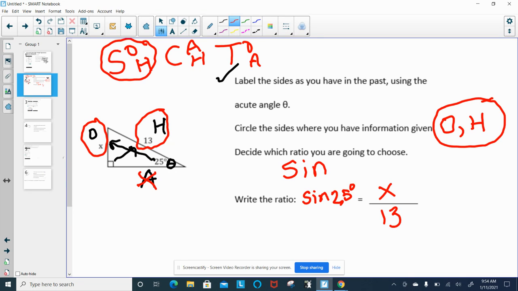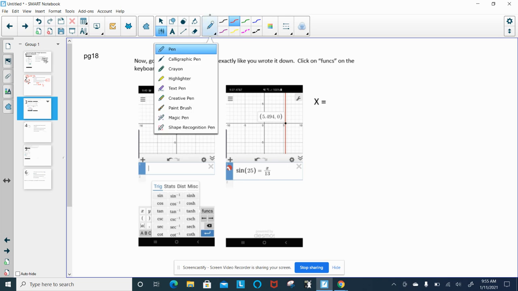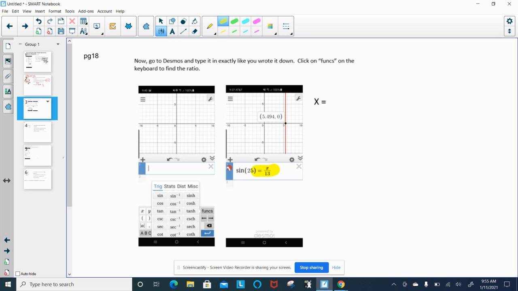Now the nice part about this is we can take it and put it directly into Desmos. Here's page 18. I'm taking that sine of 25 equals x over 13. And I'm typing it right into the calculator.